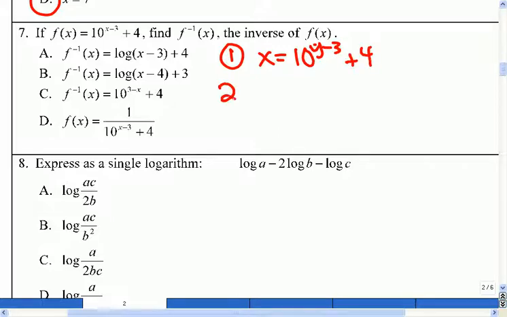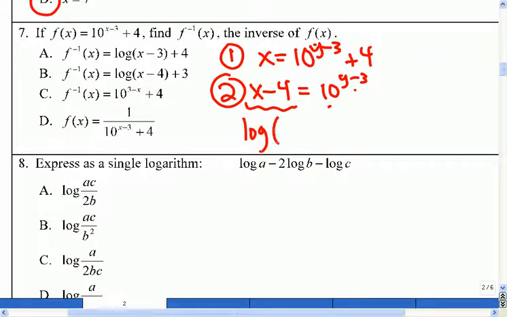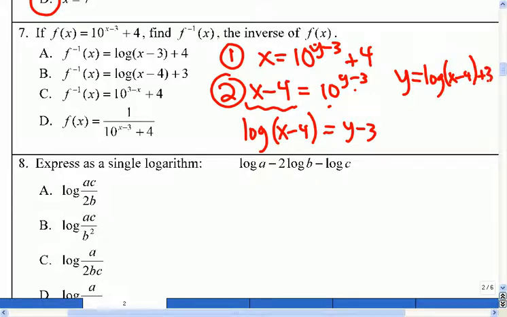And now, if we're solving for y, since y is an exponent, I'm going to need a log. Okay, now all I have is one value, a base, and an exponent. So I can rewrite this as log base 10 of x minus 4 equals y minus 3. So y must equal log x minus 4 plus 3. So that'll be b.